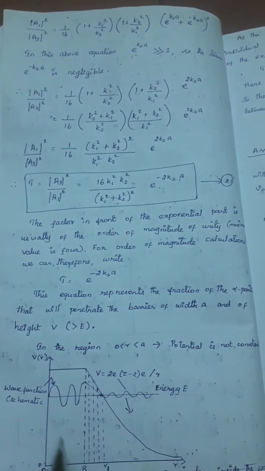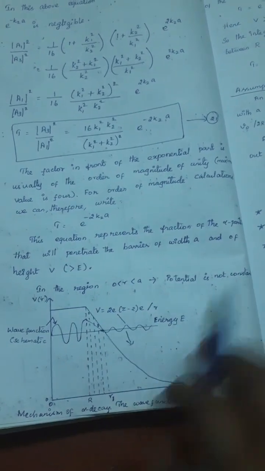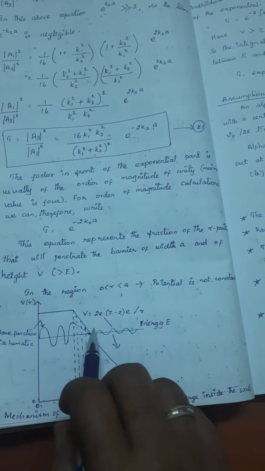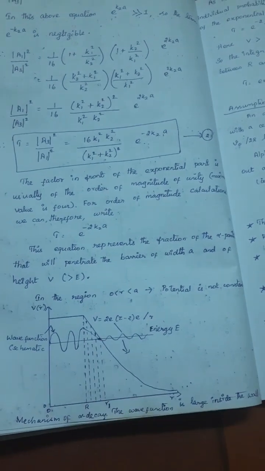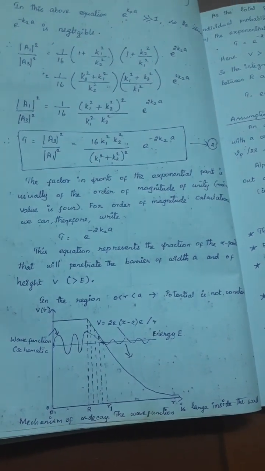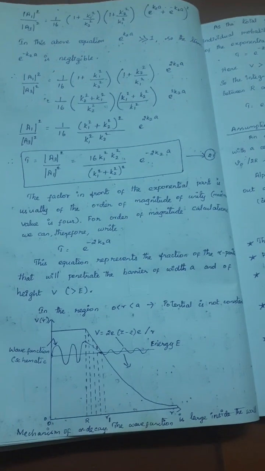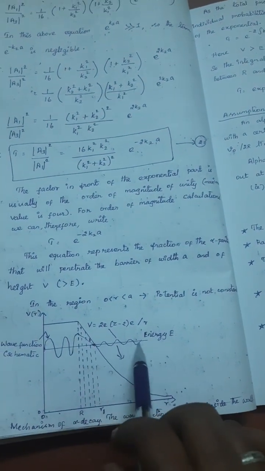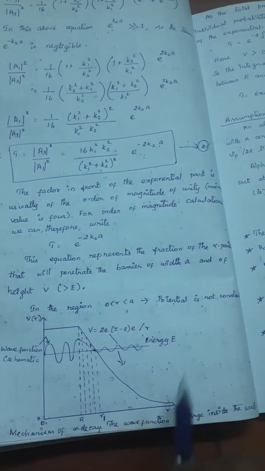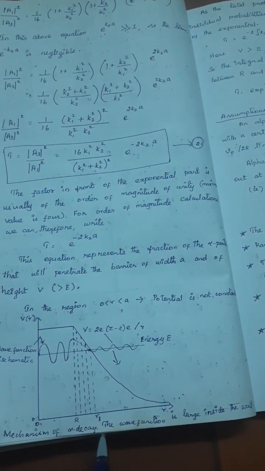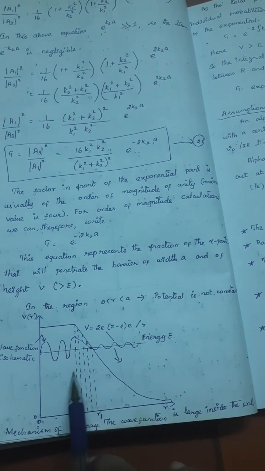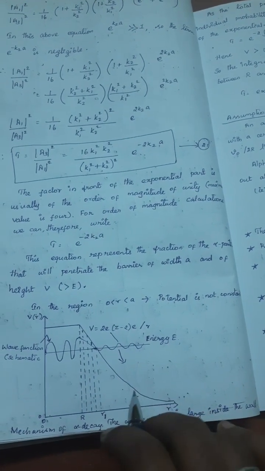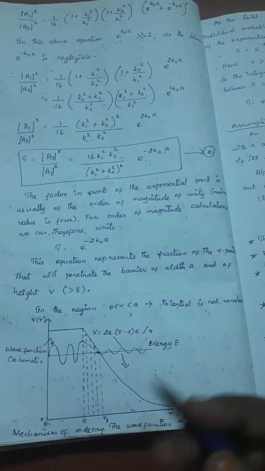It is represented in this figure. The well is very high, so the alpha particle tunnels, forms a hole, and moves through the potential well to the outside. This is the potential energy, and the energy of the alpha particle is represented. This type of decay is called alpha decay, because an alpha particle is emitted.